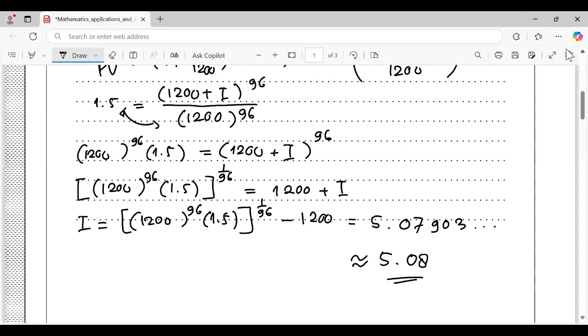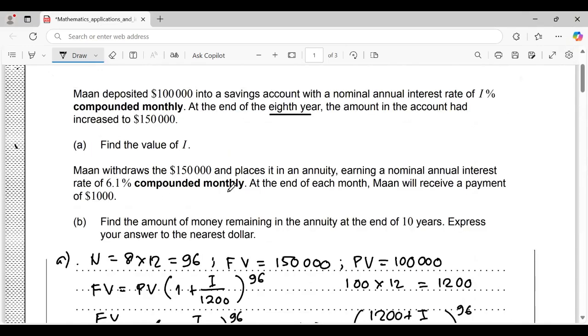This is part B. Man withdraws the $150,000 and places it in an annuity, earning a nominal annual interest rate of 6.1% compounded monthly. At the end of each month, man will receive a payment of $1,000.